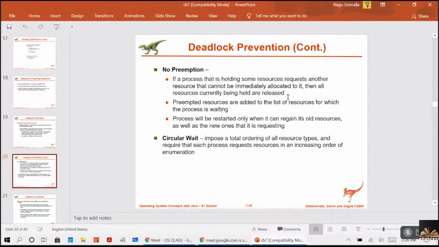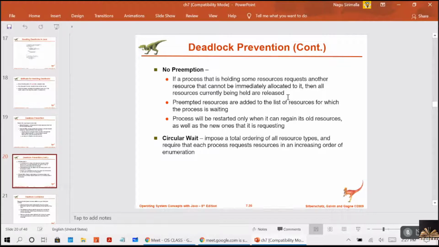In the second, you will not immediately allocate the resources. Instead, you give the process some time so that it can release the resources it is currently holding. These are the 2 protocols used for no preemption.